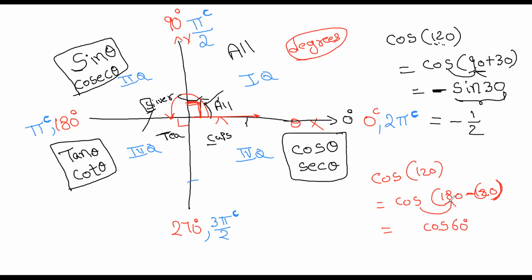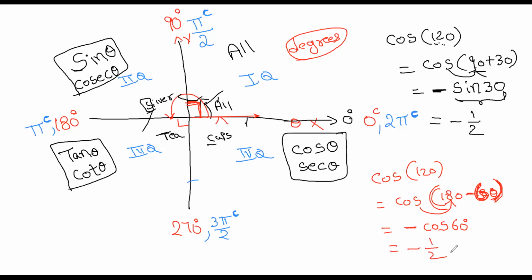Now cos of 180 minus 60, that is cos of 120. Which quadrant is it lying in? Take the total angle, 180 minus 60 is 120. It's in the same second quadrant. So cos is negative. That's why minus. What is cos 60?